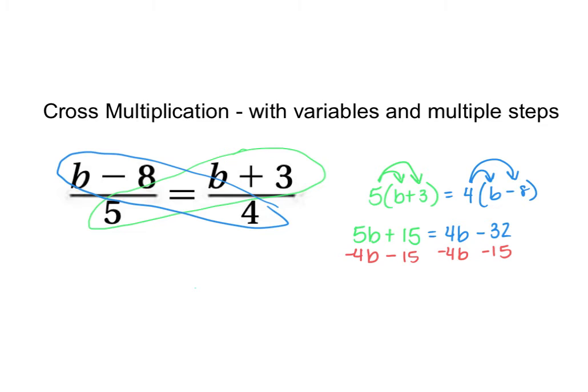Well, the 4b's cancel and the 15's cancel. So now we're going to be left with 1b equals negative 32 minus 15 is negative 47. So b is equal to negative 47. Because remember, 1b is simply b. Okay.